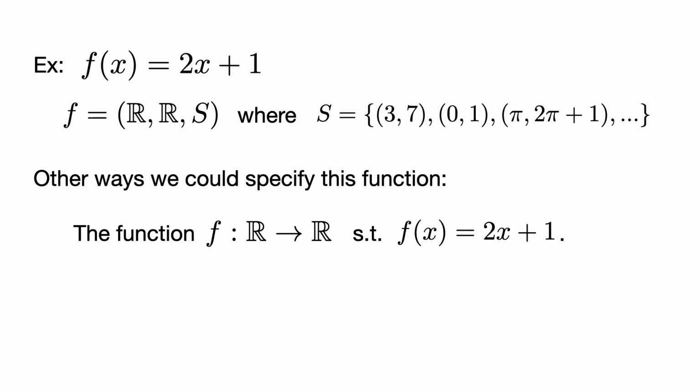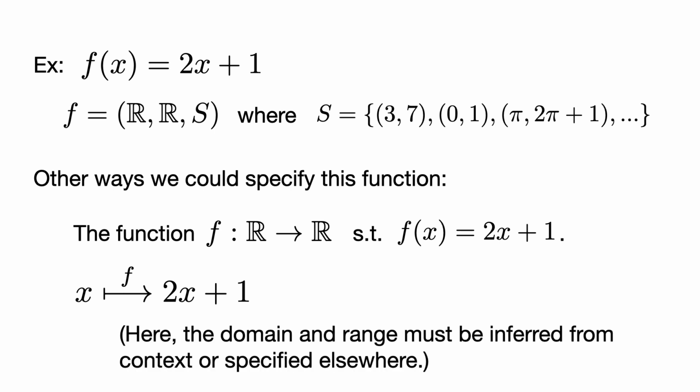In this case, the colon reads as maps. So the function f maps the real numbers to the real numbers such that f of x is equal to 2x plus 1, and it's implied that it equals 2x plus 1 for all elements in the domain. Alternatively, we could say that under f, x maps to 2x plus 1, and in this case, the domain and range must either be inferred from context or specified elsewhere.